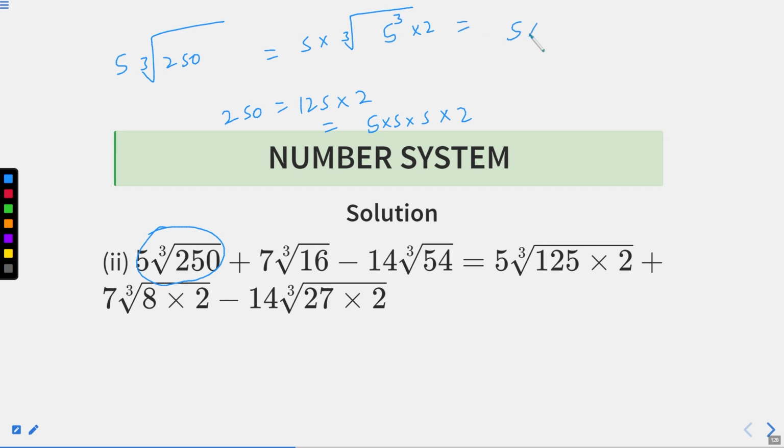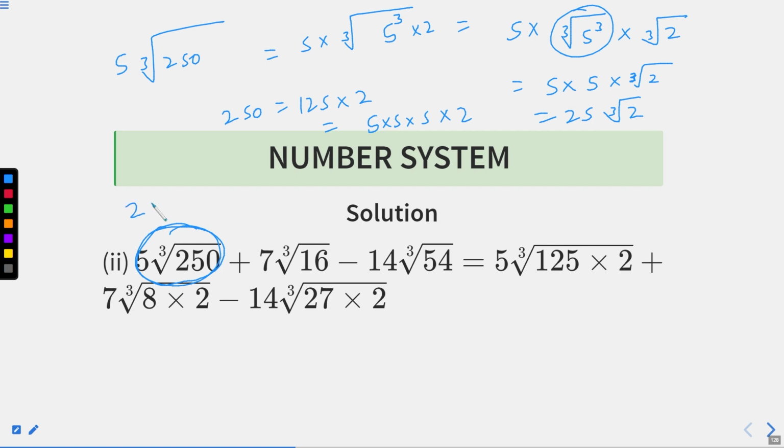Using laws, I can again break it into two parts, and from a law it is equal to 5, and the rest remains the same. So this is 25 cube root of 2.